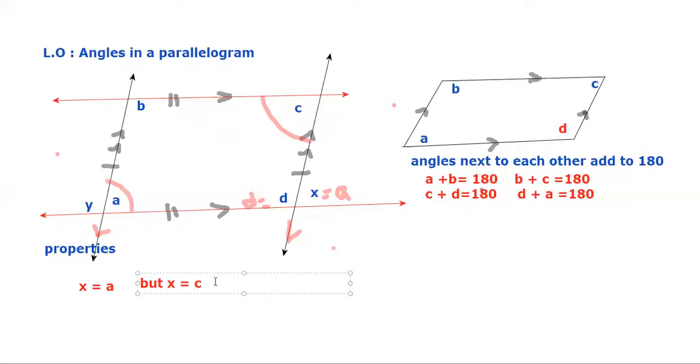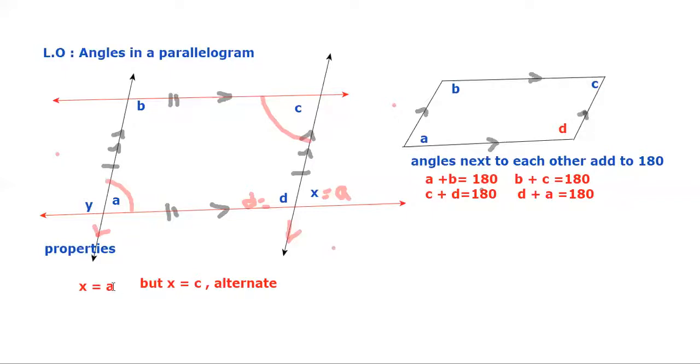I think I should be writing reasons here. X is equal to A, corresponding. I'll write corresponding here so that you can see. Oh, it is over each other. Control Z. But this is due to corresponding.